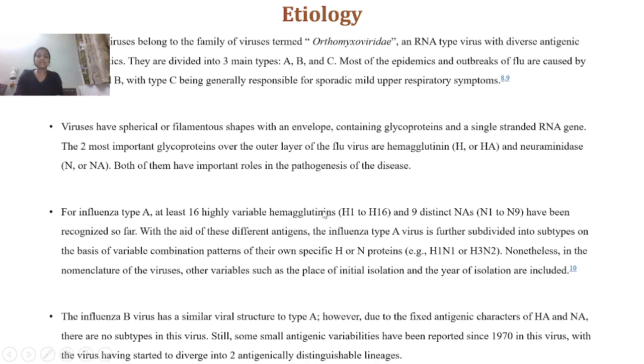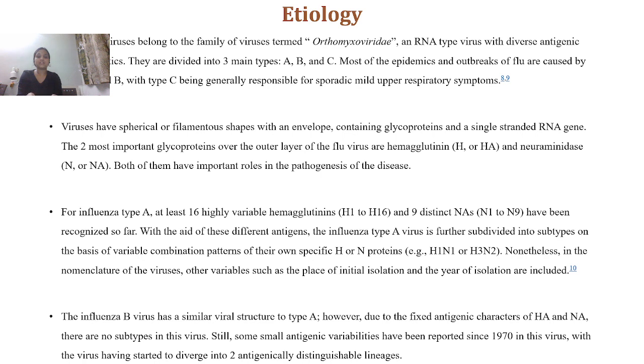So 16 types of H proteins and 9 different types of NA can be there, and with the help of these different antigens, it can be further divided into subtypes based on the variable combination patterns of their specific H or N proteins. For example, H1N1 or H3N2.